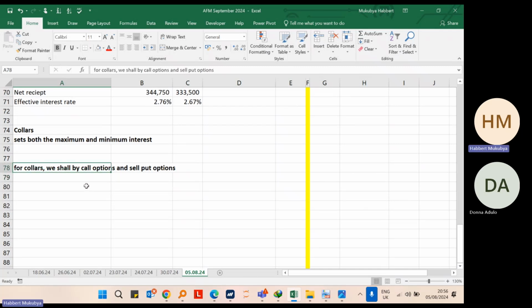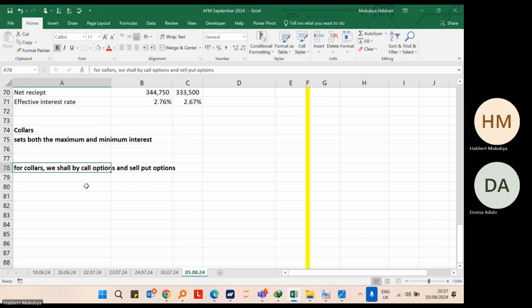So if we want now to do a collar, we have to buy call options like we did, because that's the transaction that we need to hedge, but also sell put options. By doing so, we shall receive premium from our sale and use it to reduce what we are paying for the call option. Okay. Yeah, so it's like a netting thing also.